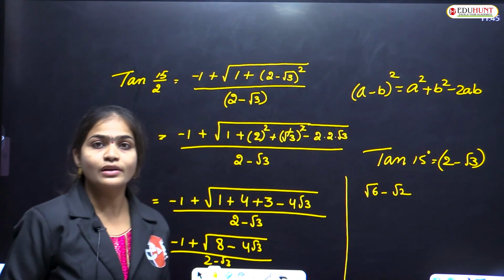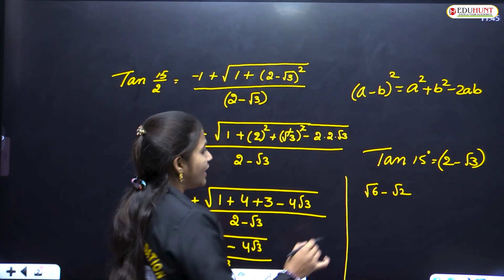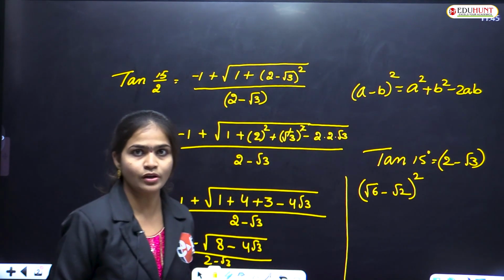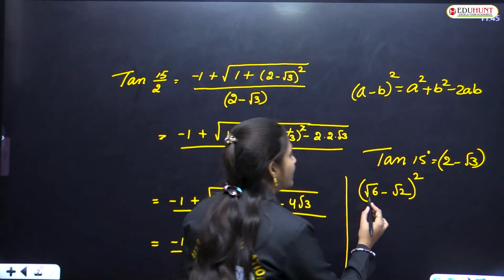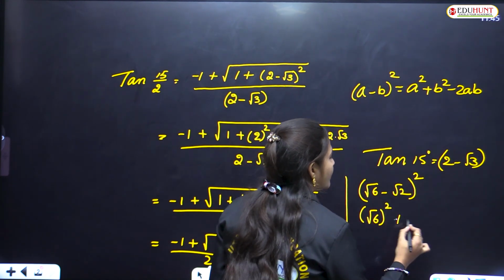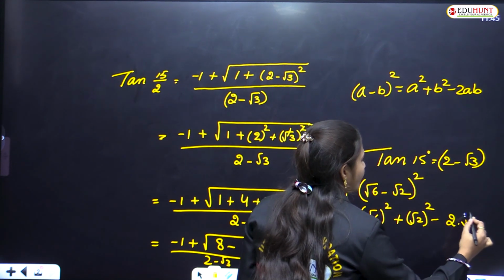For clarification, if you take the square of root 6 minus root 2, again we will get the same number. Just check that. A minus b whole square, so a square plus b square minus 2ab.